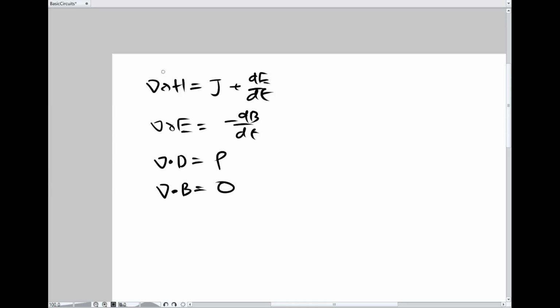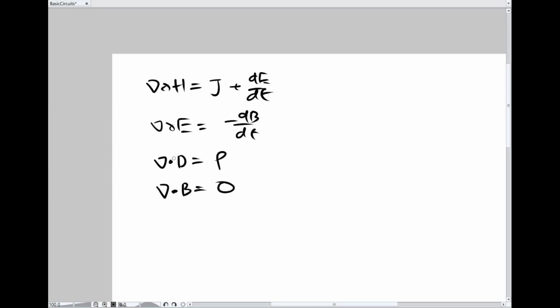This is that the curl of magnetic, what the physicists call auxiliary field, but electrical engineers call this magnetic field, is equal to volumetric current density plus the change in time of electric field. The curl of electric field is equal to the negative of the change in time of magnetic field.